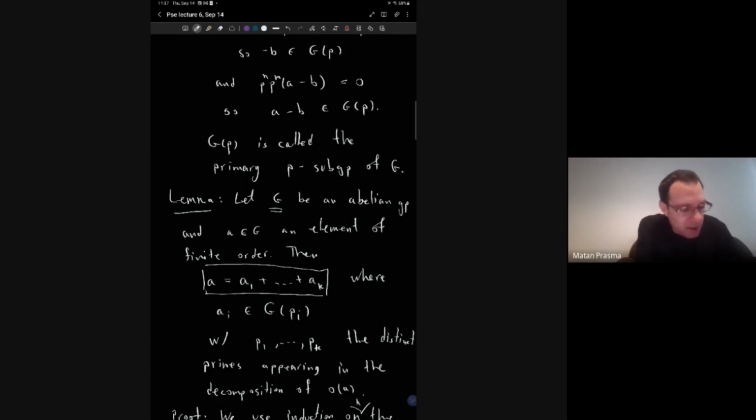Here in the lemma, it's not assumed to be finite, but for simplicity, since we only care about elements of finite order, we can assume G is finite. And then it tells you that you can express any element as a sum of elements, and each of these components of the sum are elements in primary P groups.